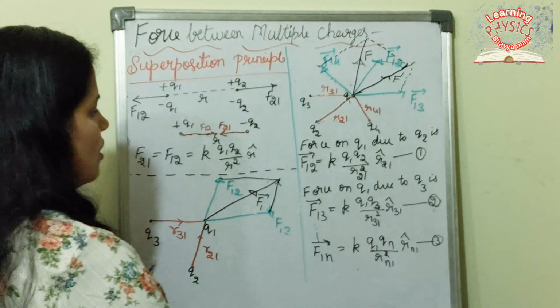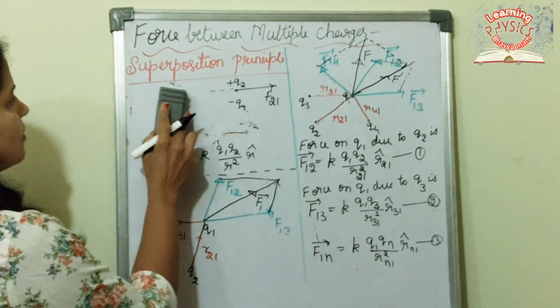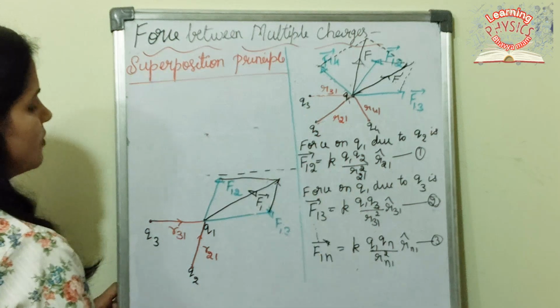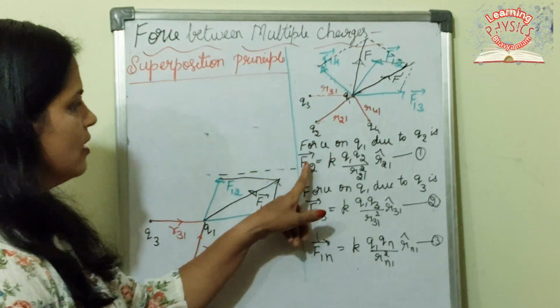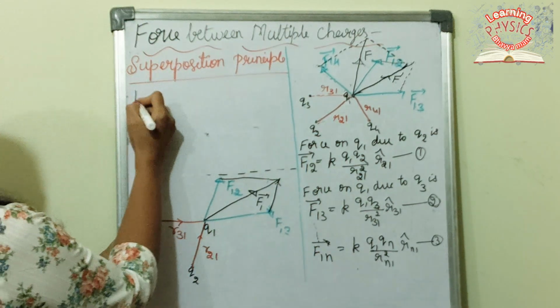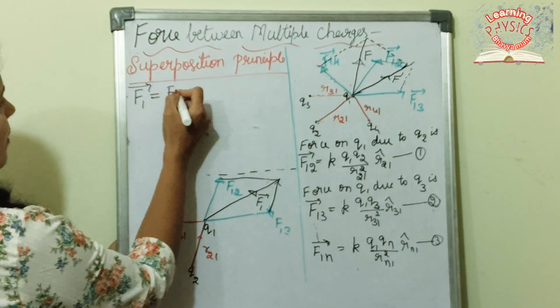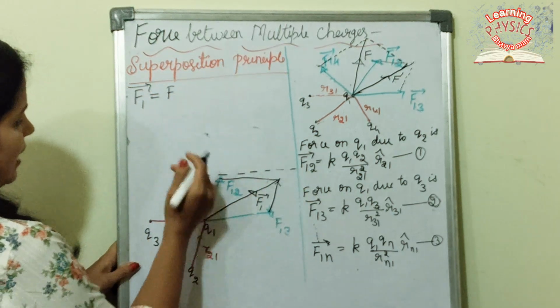Now, I'll rub this. Okay, I hope it is clear. Now, what is the total force? Total force F1 is the vector sum of forces due to the remaining charges.